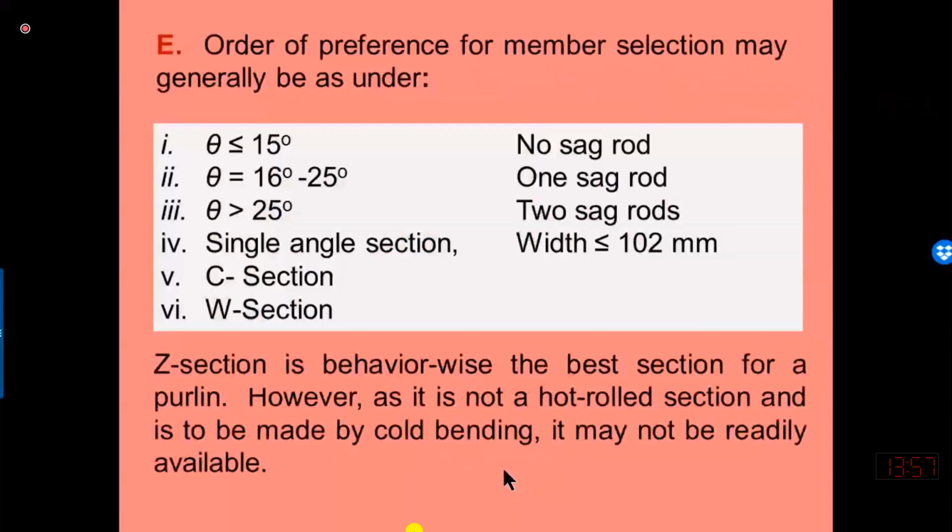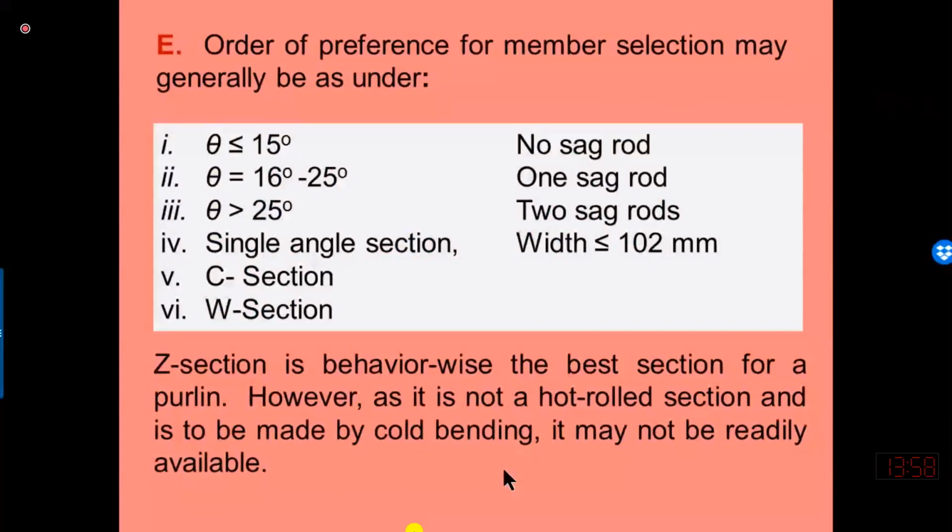So this is the order for the selection of the purlin. In the previous code, the design of the purlin was a very lengthy procedure, but now it has been simplified.